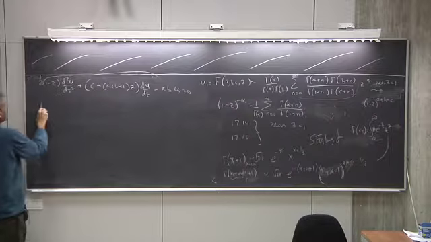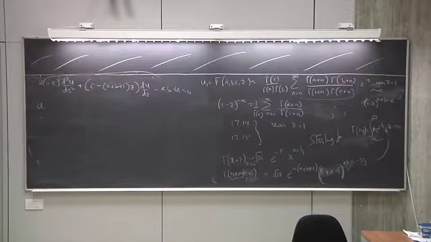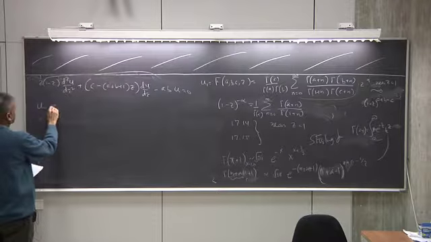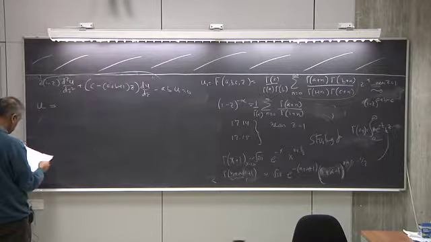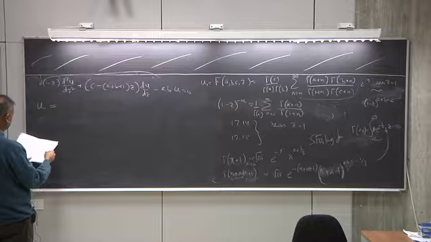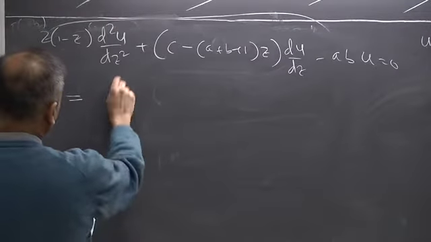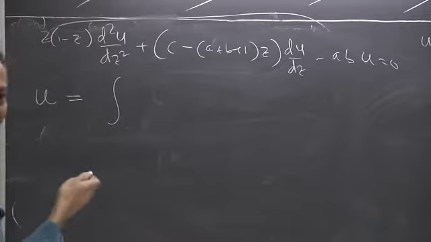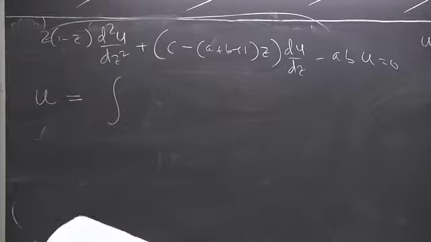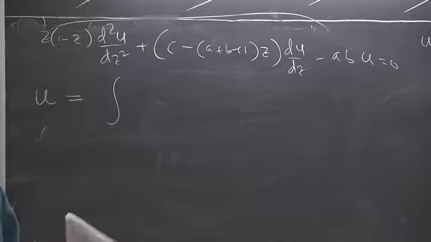Let me try to write u as an integral representation. So the idea is to write an ansatz first of all. You know what an ansatz is? It is a way of choosing some test function, plugging it in and seeing whether it makes sense or not. It may or may not work. It's a kind of trial.